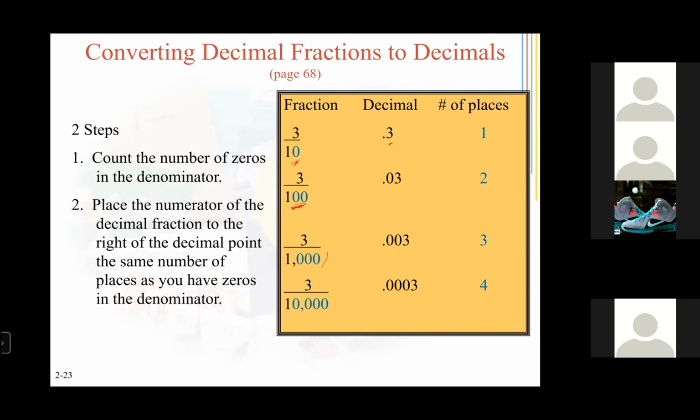Okay, so that's converting decimal fractions into decimal. You could do that by inspection. Of course, you could use your calculator and divide 3 by 10, 3 by 100, 3 by 1,000, 3 by 10,000, and you should get the same thing. But this method is just showing you so you could readily do it. Some things you don't really need a calculator for.